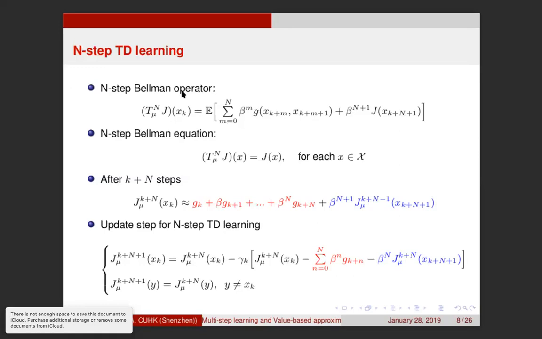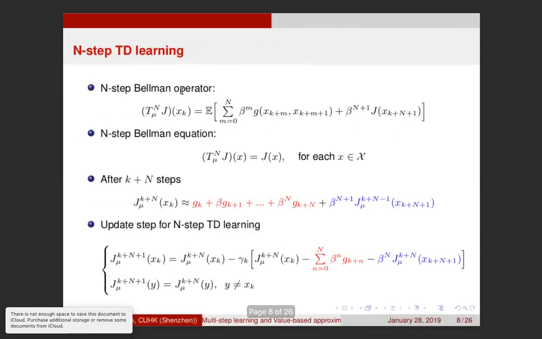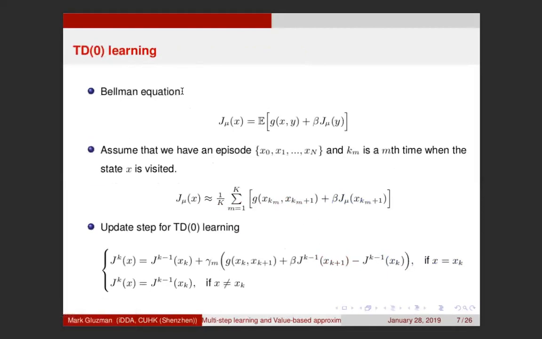Then I see. But in TD0, you wait for the state to be repeated? No. The second item is not quite a good way to think about it, because it is just an intuitive way how one can think about TD0 learning.